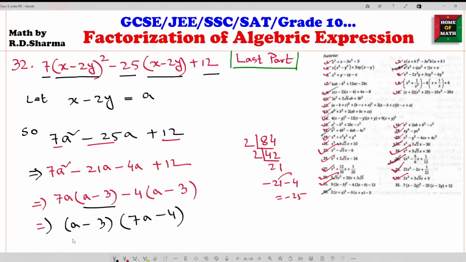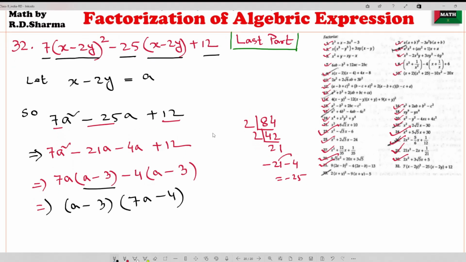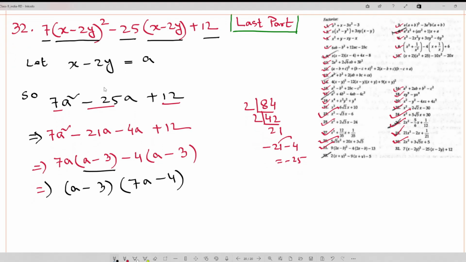Okay, now x minus 2y equals a, so we can put this value in here. So a we can write x minus 2y, and here is minus 3, and here 7a means 7 times (x minus 2y) and minus 4.